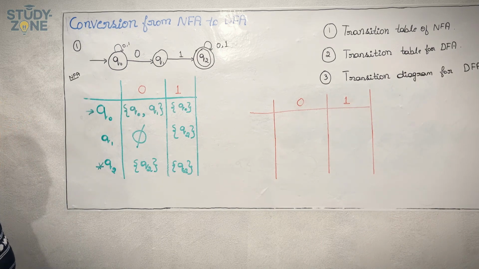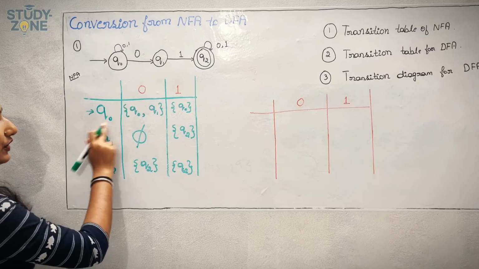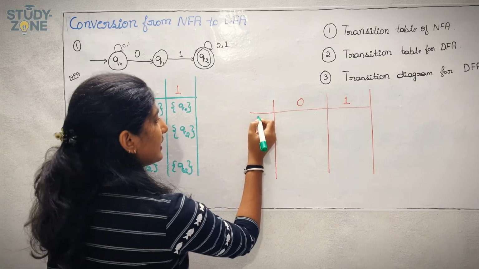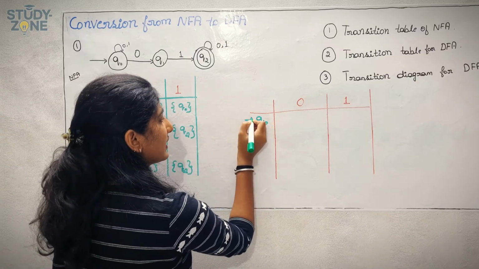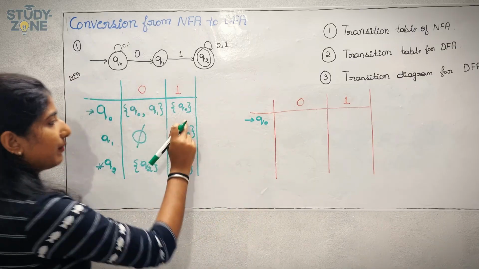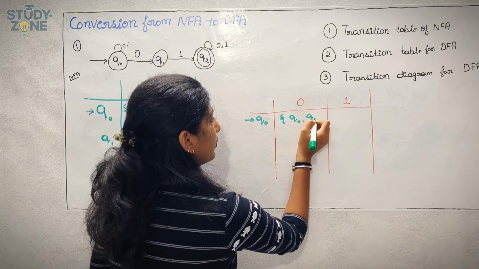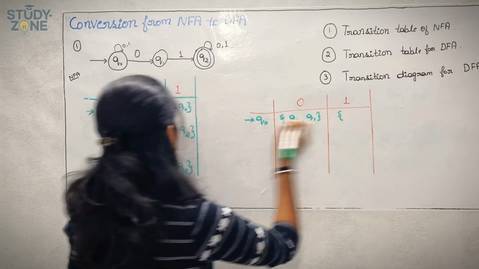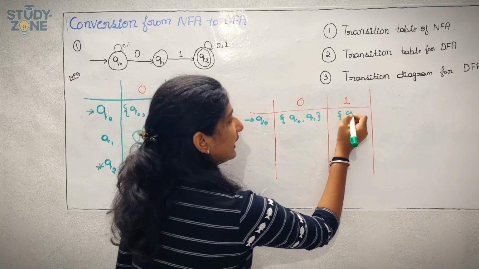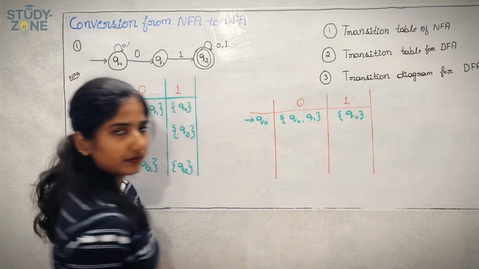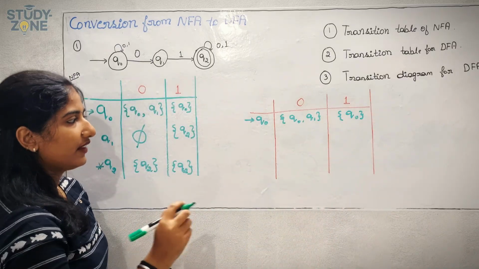While writing the transition table for DFA, at first you have to take Q0, which is the starting state. So write the same as it is: Q0 on 0, Q0, Q1, and Q0 on 1, Q0 only. Done. Right, now I will name these.